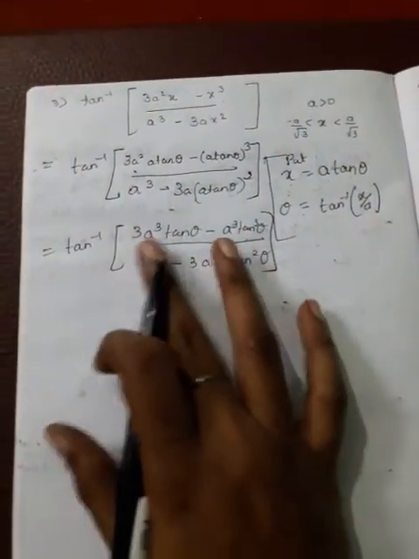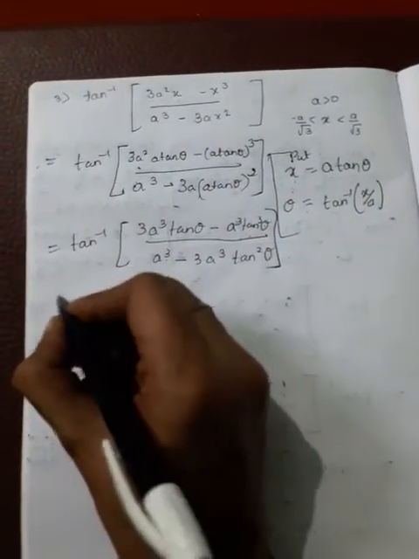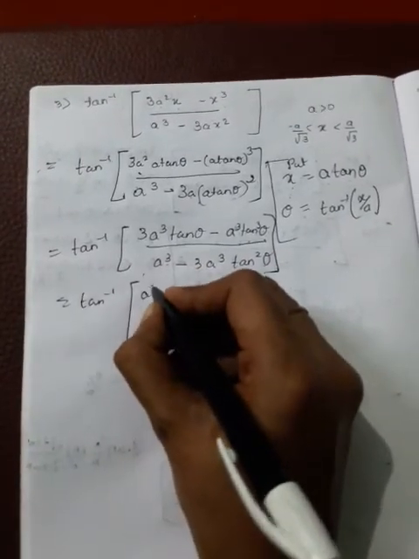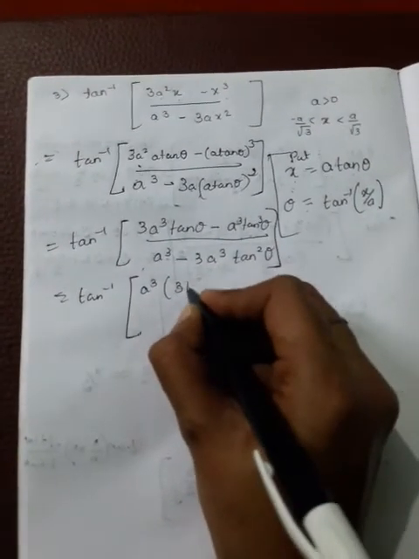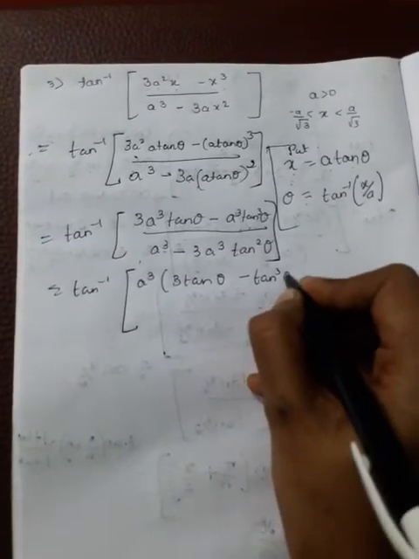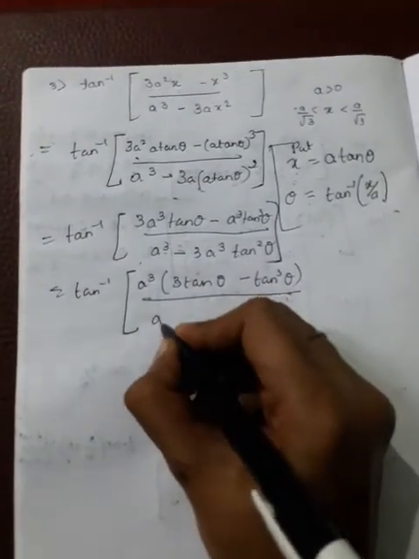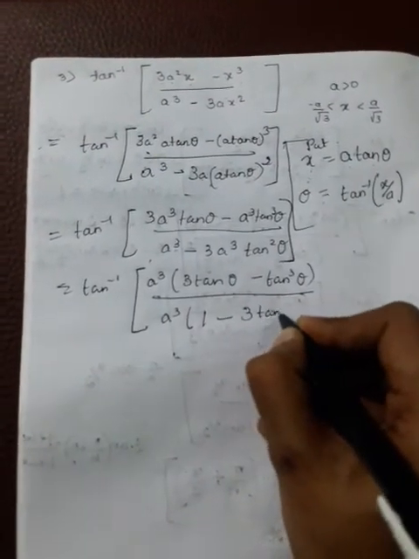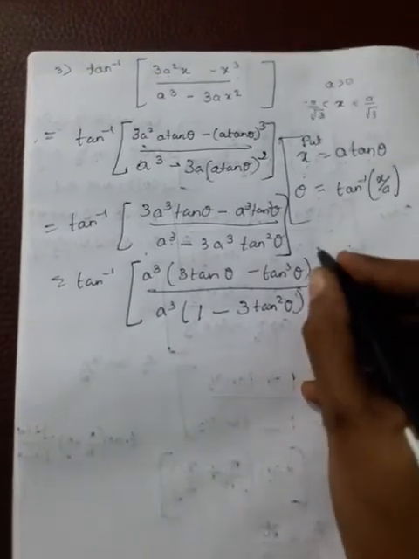What is common here? Here a cube is common. Therefore tan inverse of, keep a cube outside, 3 into tan theta minus tan cube theta divided by a cube into 1 minus 3 tan square theta left inside.